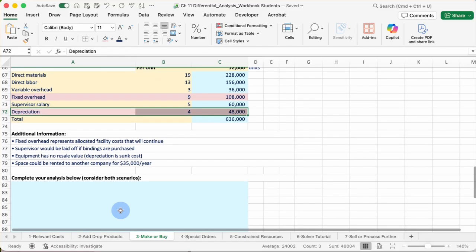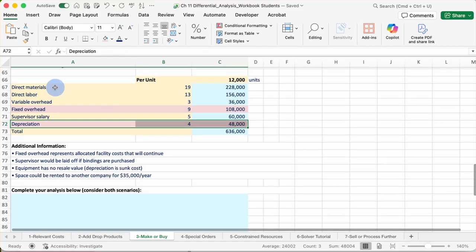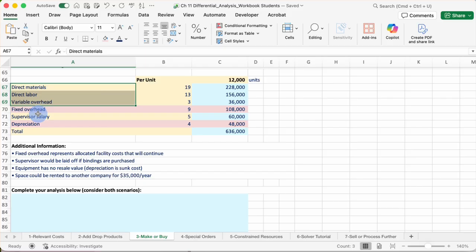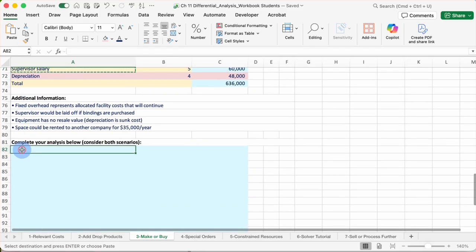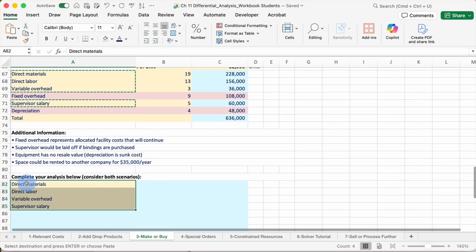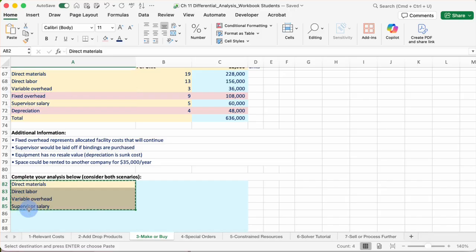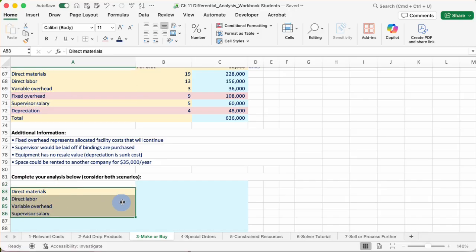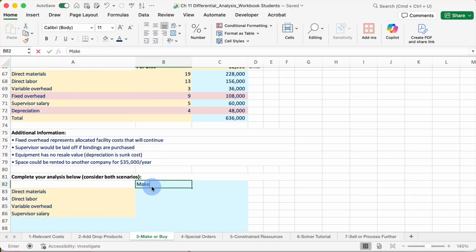So now, if we just re-grab this information, I'm going to copy the things that are avoidable down. And then actually let's insert, I'm going to move those down one more. And then we will have a make versus buy decision.